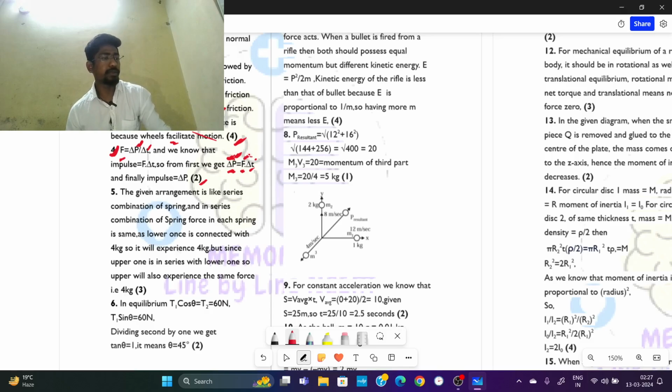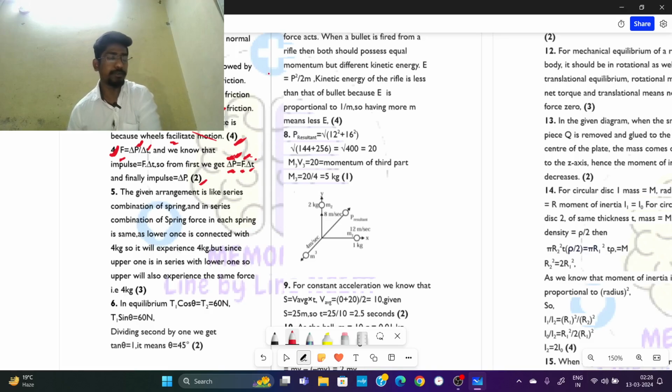So now moving on to the next question. It is from the elasticity chapter. The question states that there are two blocks of 4 kg suspended through light spring balances A and B, where you can see in the figure that A and B are suspended vertically.